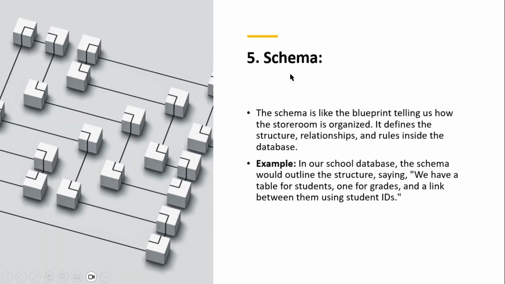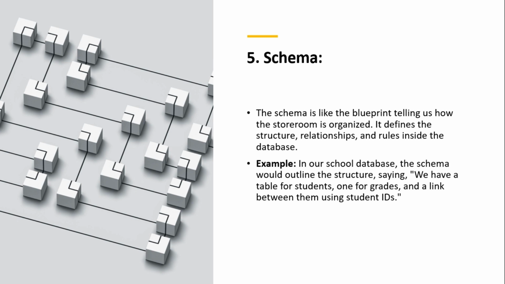Then we have schema. The schema is like a blueprint telling how the storeroom is organized, meaning how the table or the database is to be created. It's like a map of the database. It defines the structure, relationships, and rules inside the database.